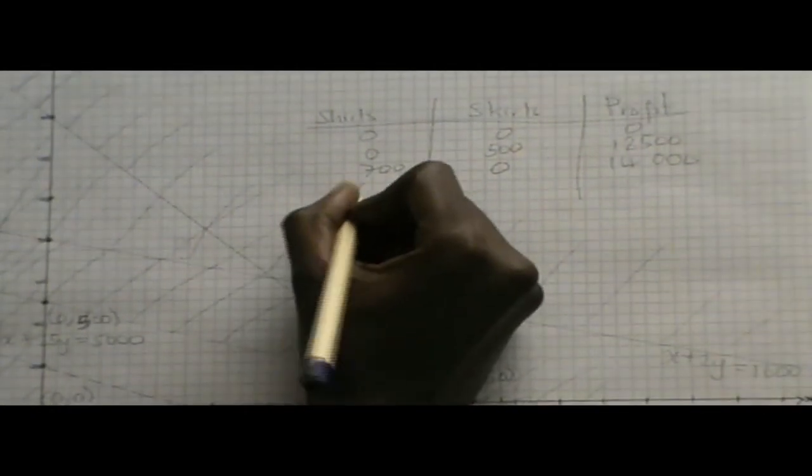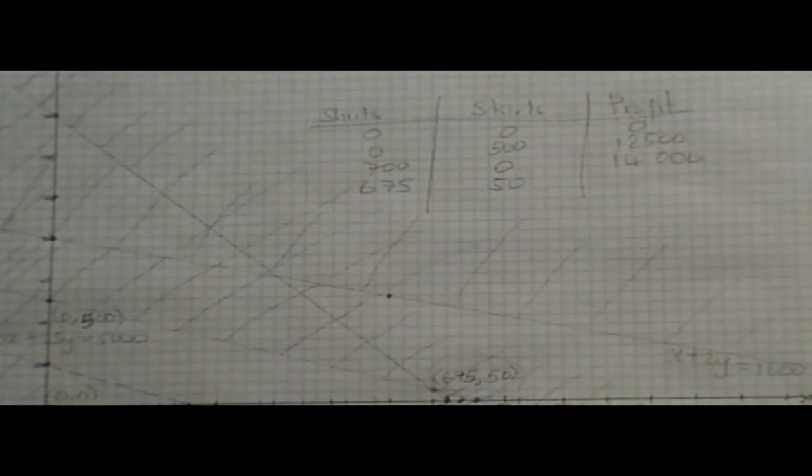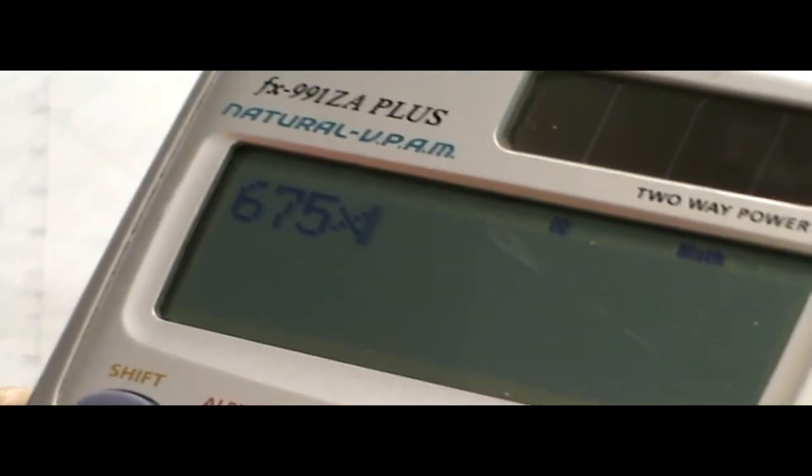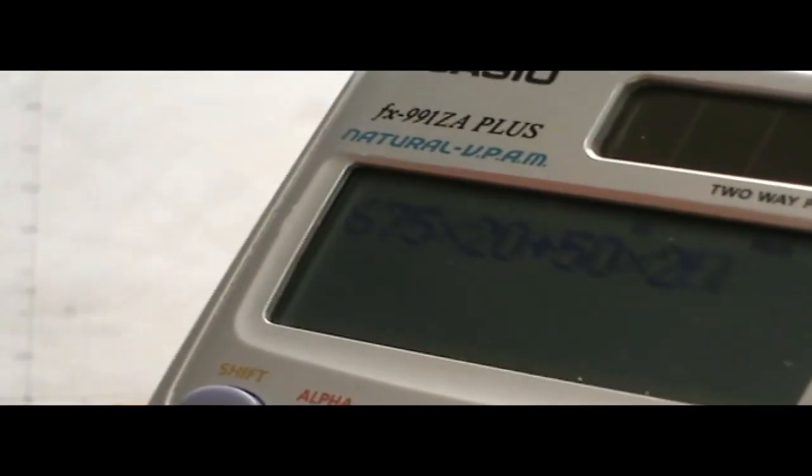And then finally I have 675 and 50. This I try on my calculator. Let's see what I get. 675 times 20 plus 50 times 25.